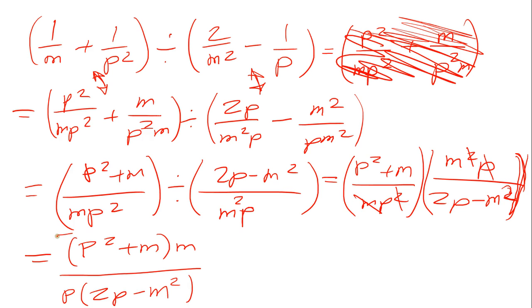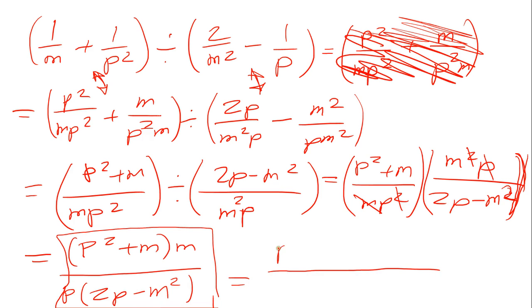This is perfectly acceptable, or if you want to expand it, you can have what the book has, which is p squared m plus m squared over 2p squared minus m squared p.